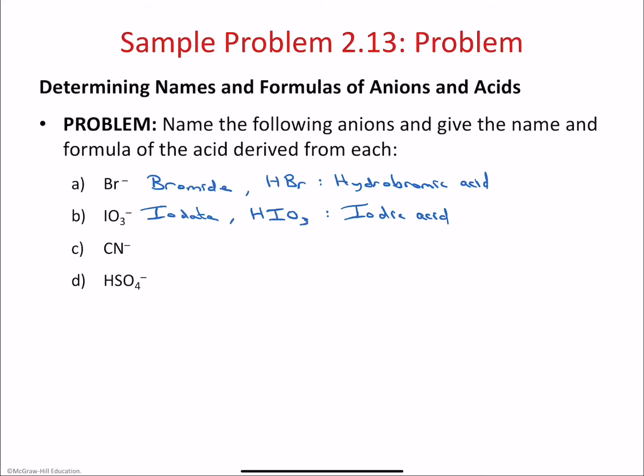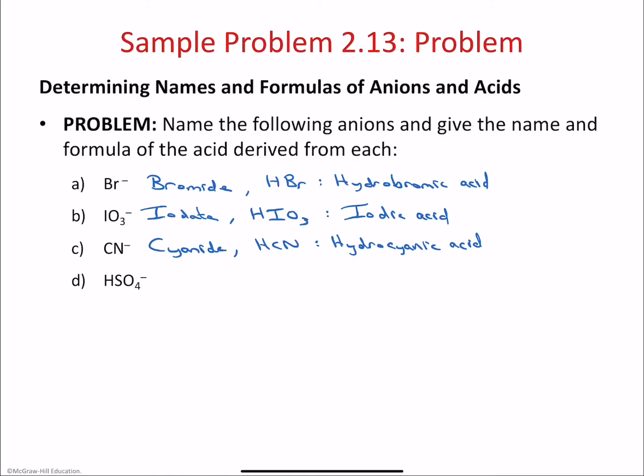Then if I have CN-, if you remember the polyatomic ion CN-, this is cyanide, which I'm sure many of you have heard of before. So if I add a hydrogen to that, I get hydrocyanic acid. There we go. And then I have another oxyanion here.